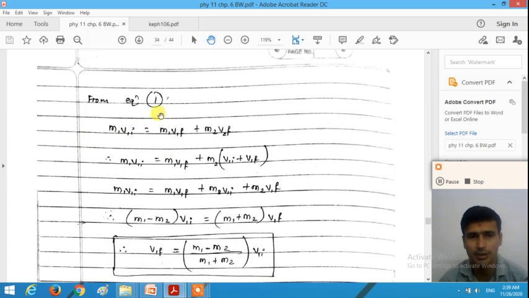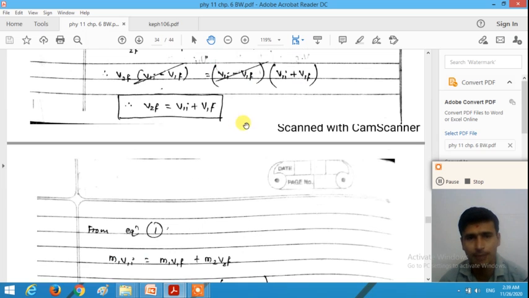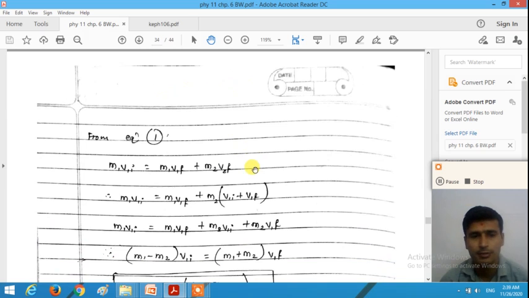Now from equation number 1, what is equation 1? m1 v1i is equal to m1 v1f plus m2 v2f. So instead of this v2f, put the formula v1i plus v1f and find the v1f. So m1 v1i is equal to m1 v1f plus m2 into v1i plus v1f, right?